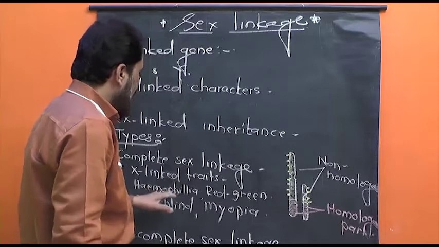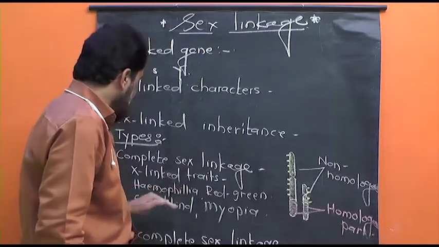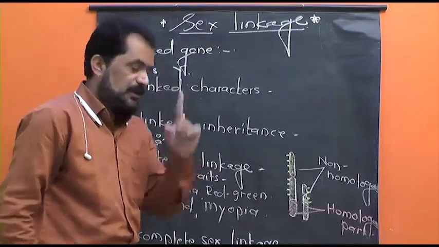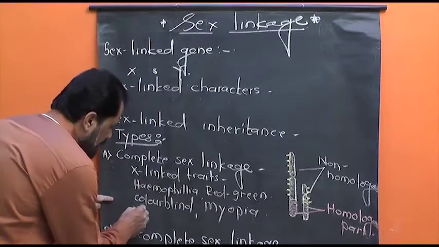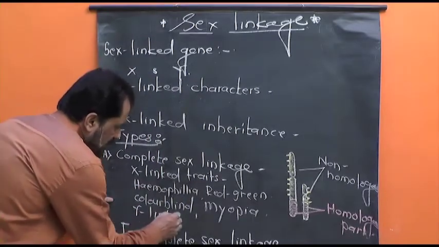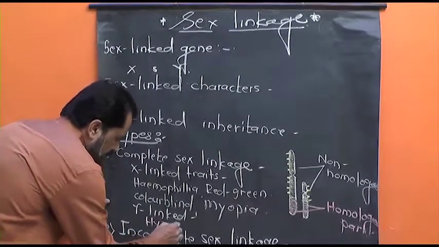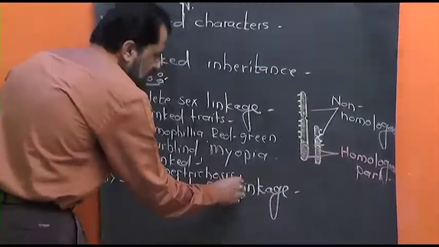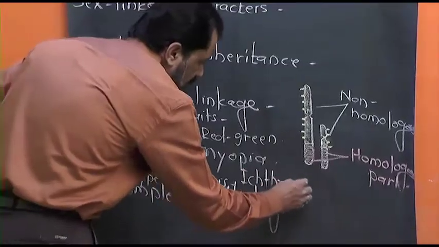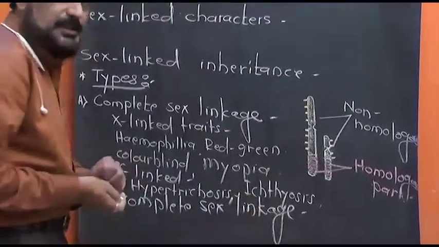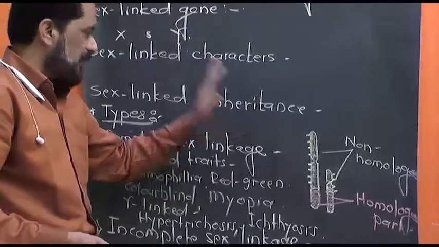These are the X-linked traits, and these traits show complete sex linkage. There are certain Y-linked characters also, such as hypertrichosis, we shall talk about it later on, as well as ichthyosis. These are Y-linked traits and they show complete sex linkage.